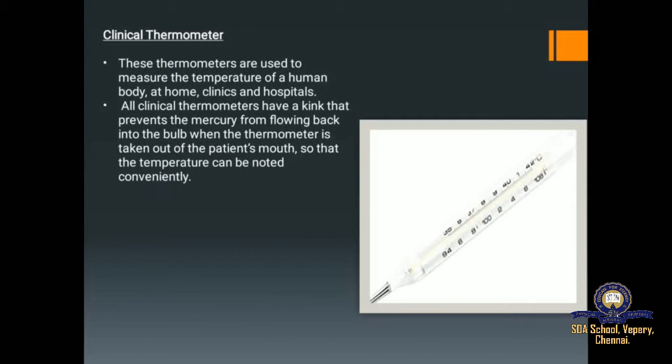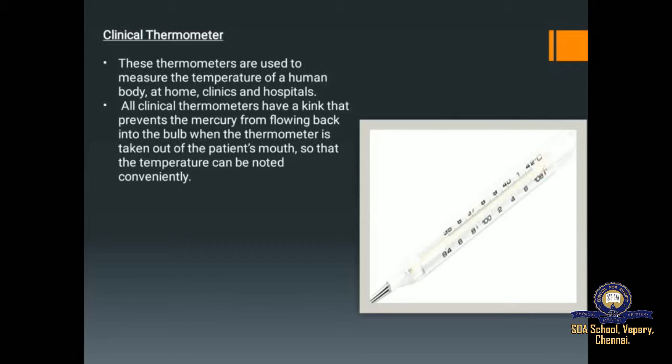All clinical thermometers have a kink that prevents the mercury from flowing back into the tube when the thermometer is taken out of the patient's mouth so that the temperature can be noted conveniently.